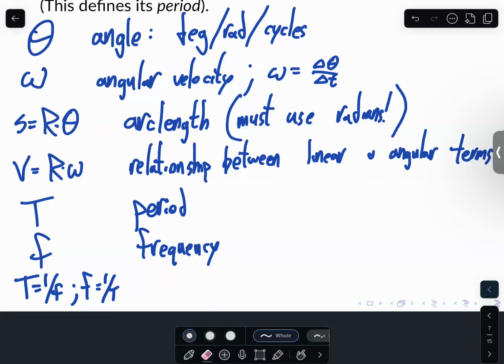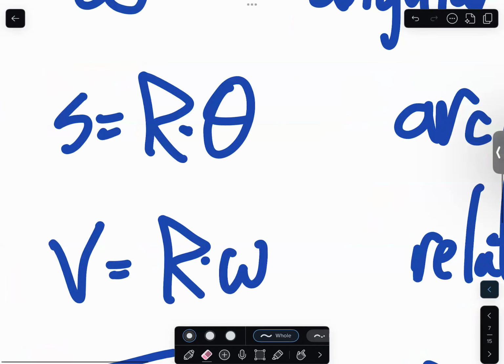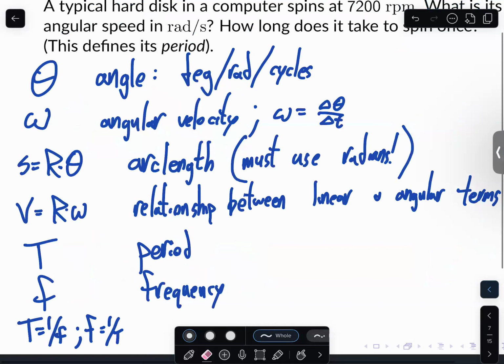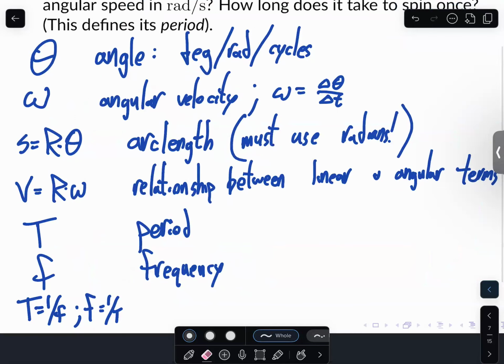But if I divide arc length by time, and if I divide angle by time, I get the second equation, V equals R omega. Divide the first by time on both sides, you get the second. That's all. Good. Okay, so look.